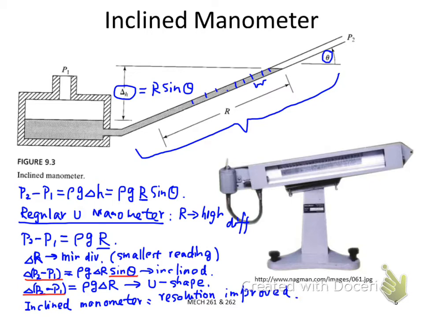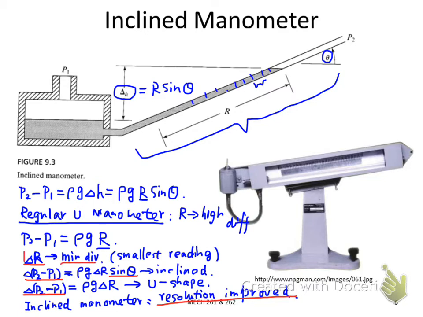So keep this in mind. This is maybe something I may test you. You just need to know why the inclined manometer has a higher resolution compared to the U-shaped manometer. Also remember, the way we compare is we know the smallest division on both manometers on the tube is the same.